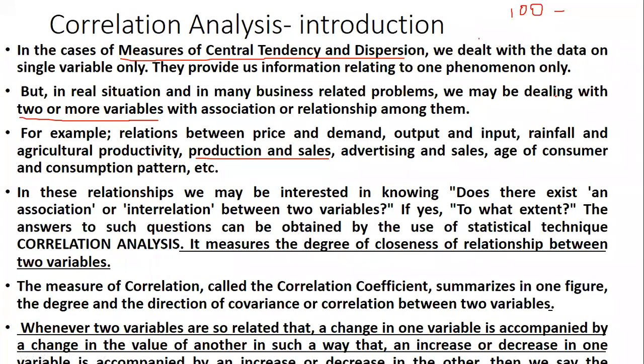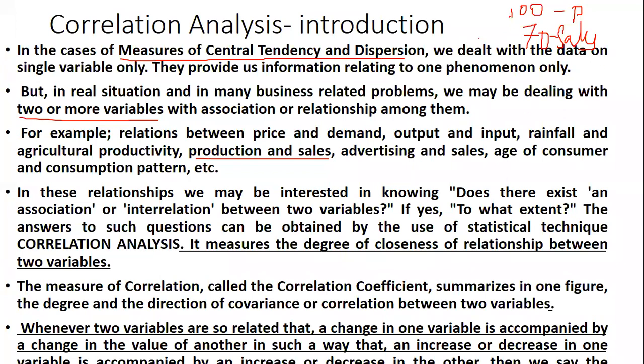Out of 100 units, I have sold only 70 units. This is sales. So I can say 70% of my sales are complete and 30% of my products are still remaining. So I am getting a relationship between production and sales.